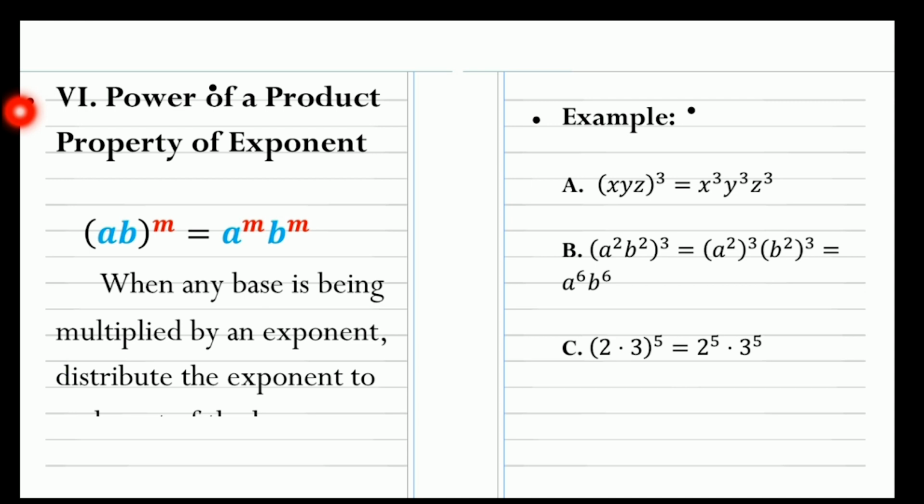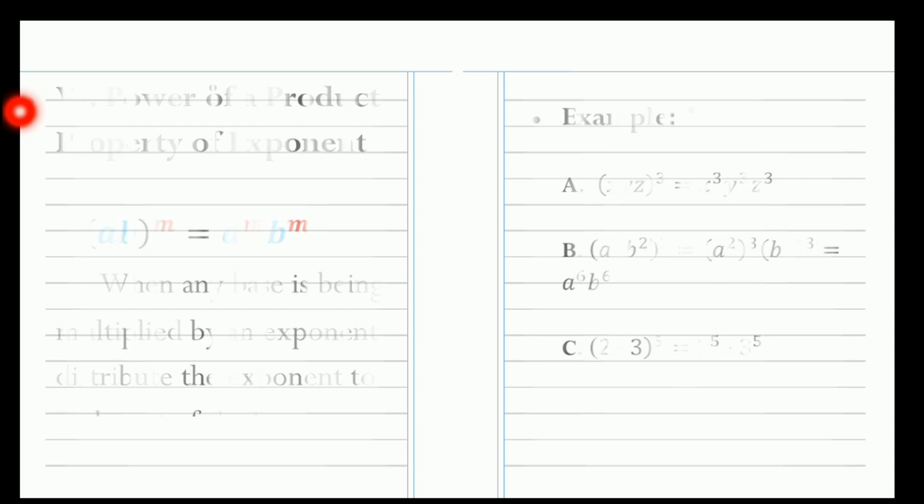Letter B, the quantity a raised to 2, b raised to 2, all raised to 3, is equal to the quantity a raised to 2, raised to 3, times the quantity b raised to 2, raised to 3, which is equal to a raised to 6, b raised to 6. C, the quantity 2 times 3 raised to 5 is equal to 2 raised to 5 times 3 raised to 5.